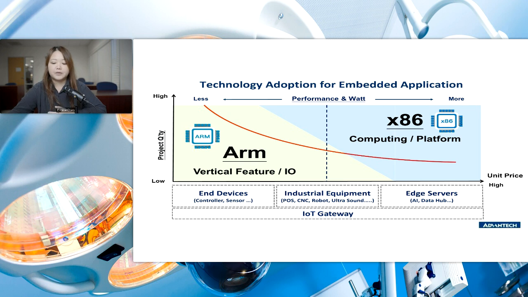But because of the rapid development of IoT applications and cloud native servers, we're seeing huge demand going through the endpoint, and the demand for ARM computing is also gradually moving towards the upper end side of the applications.